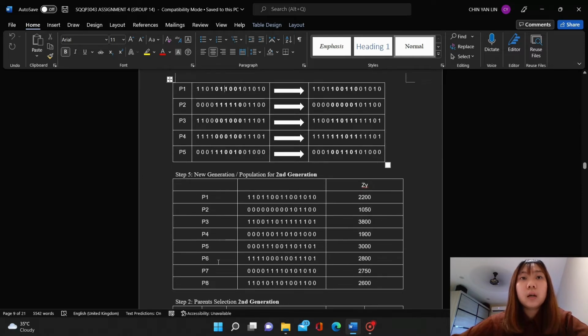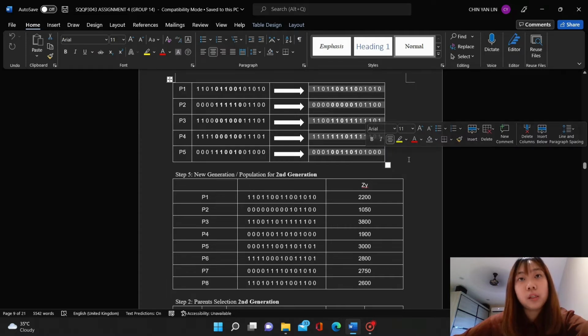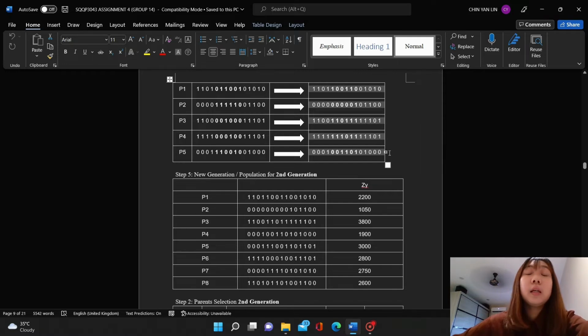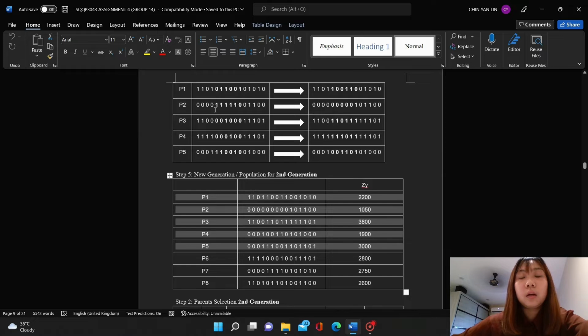After that, we will generate the second generation here. Because we need a new generation, we need to have 8 chromosomes. We need to calculate whether all the children are feasible or not. If it is feasible, we can write it here as a new chromosome.